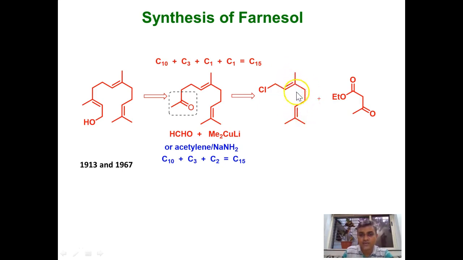So geranyl chloride on reaction with ethyl acetoacetate gives us geranyl acetone, and the additional 2 carbon atoms are provided either by formaldehyde plus lithium dimethyl cuprate, and it leads to 15, or alternatively in the year 1913 geranyl acetone was treated with acetylene in presence of sodamide, and we get here the farnesol molecule. So 3 carbon atoms are coming from ethyl acetoacetate, 2 carbon atoms are coming from acetylene, and in this way the 15 carbon atoms in farnesol are assembled.